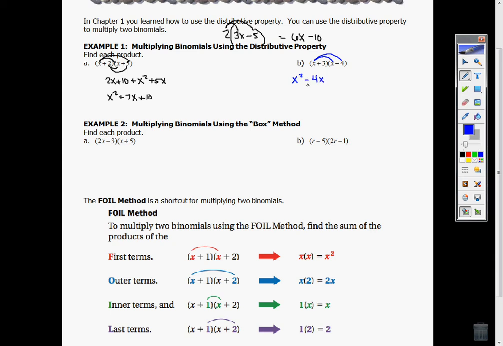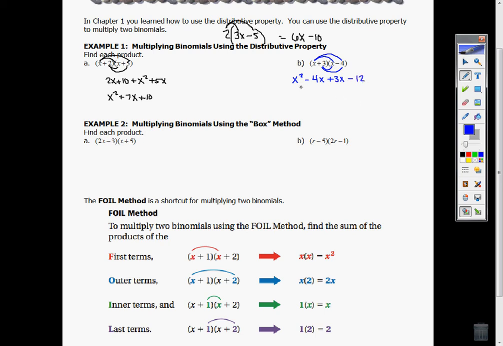That's how I can get a negative. And then I have to distribute the 3 to both. 3 to x and 3 to negative 4. So 3 to x, remember it's a positive 3 to a positive x. So that's plus 3x. And then a positive 3 to a negative 4 gets me minus 12.